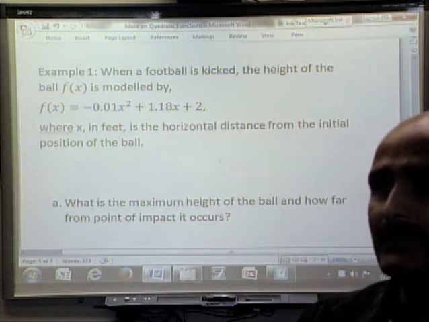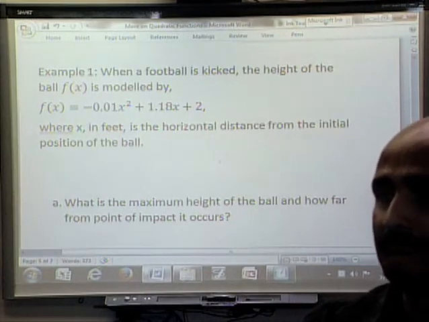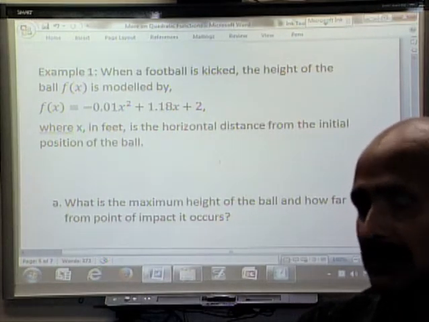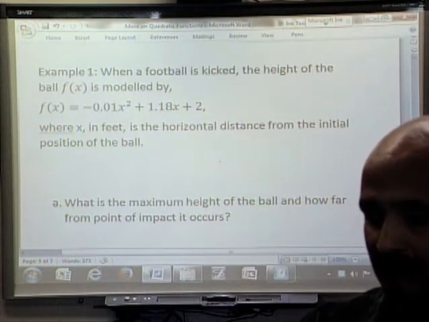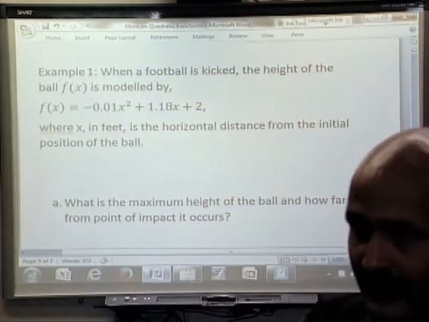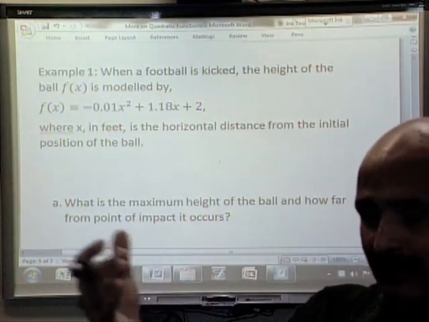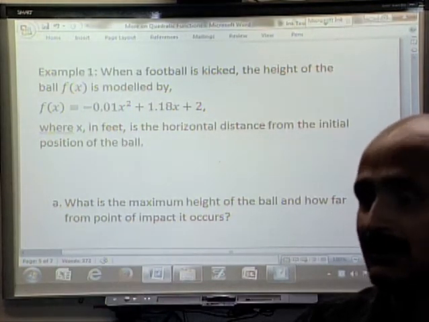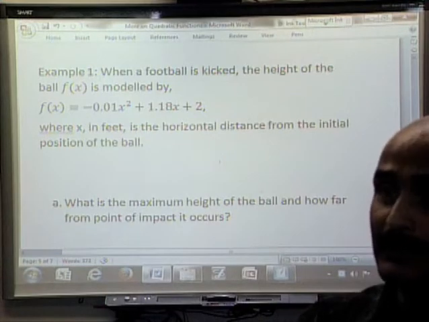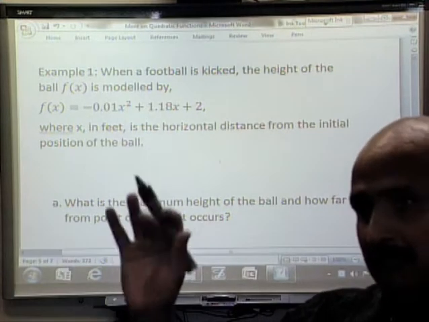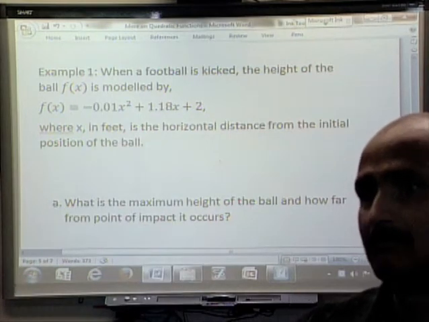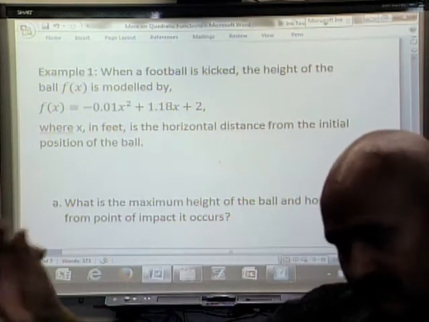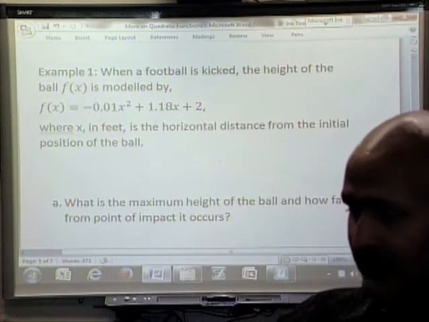This problem says, when a football is kicked, you can think this is American football, an NFL related game, or you can think this is soccer, which is basically football outside of the United States. Regardless of what kind of football it is, the problem will be the same.